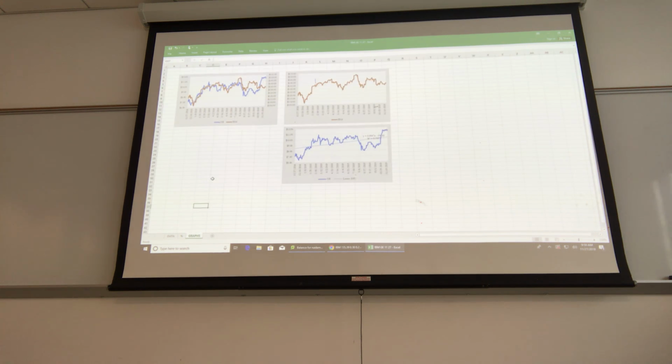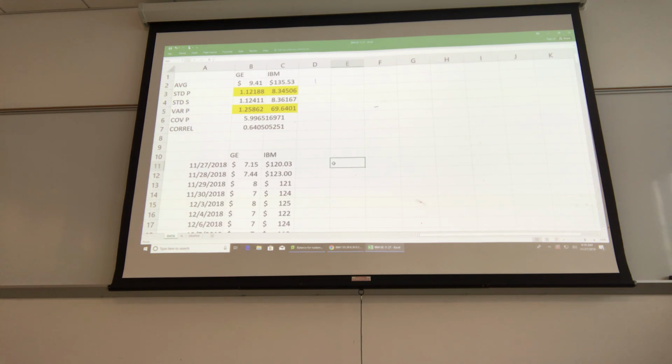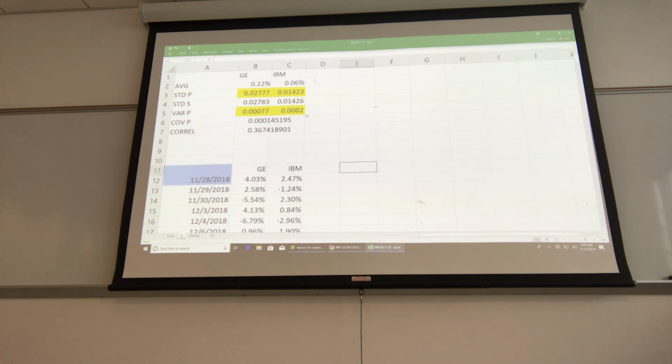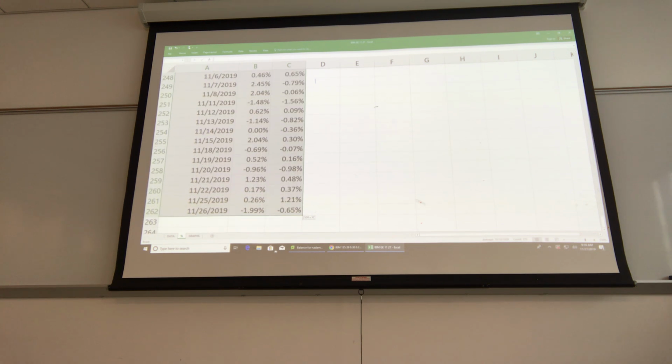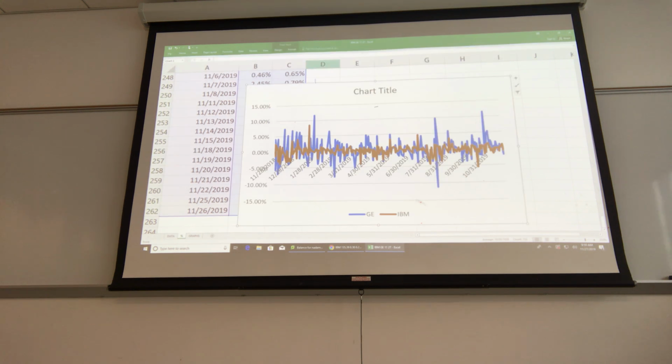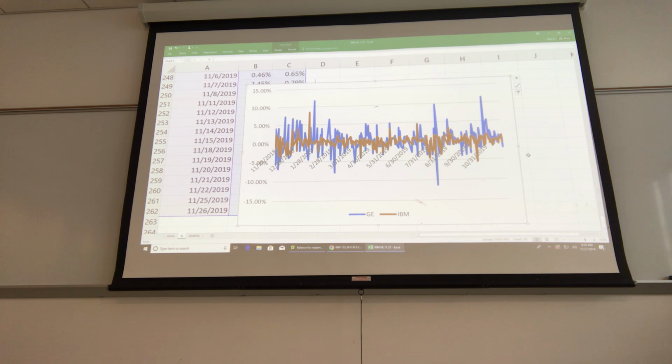Same way I look at the graphs with the price, I want to see the graphs with the percent changes. I will take the information from here and I will make a graph. I will take the case and I will see the same graph. What do I have?